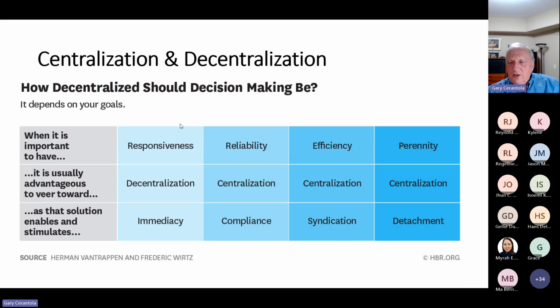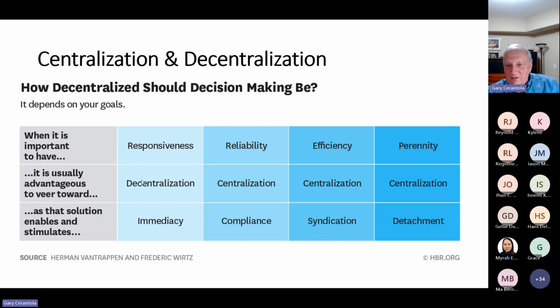Okay, so here's a bit on how decentralized decision making should be.